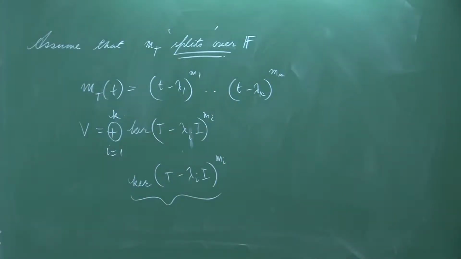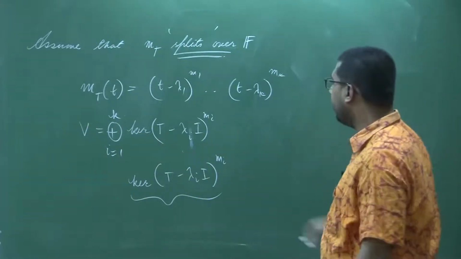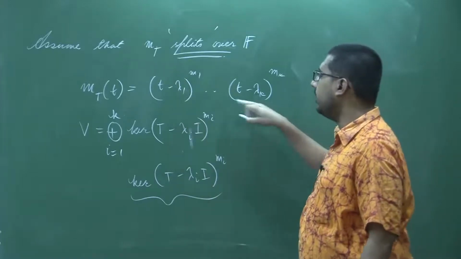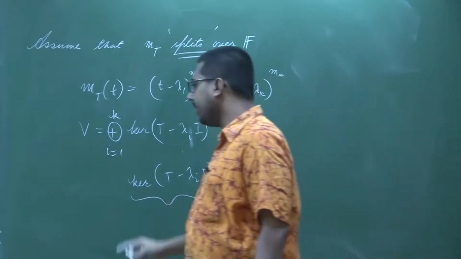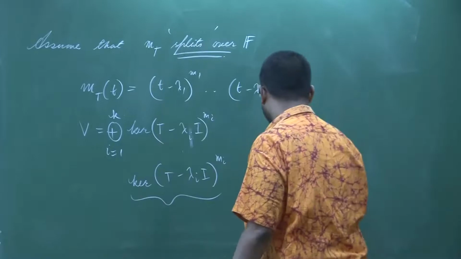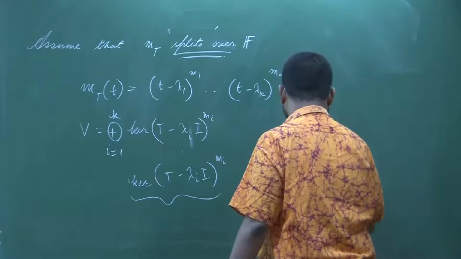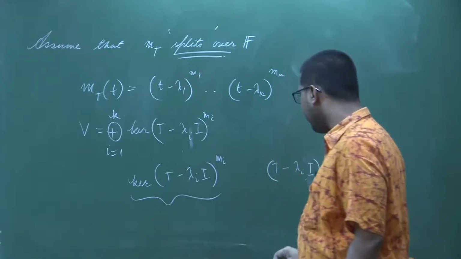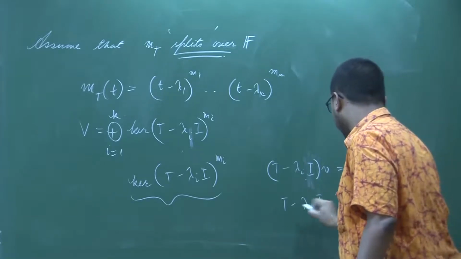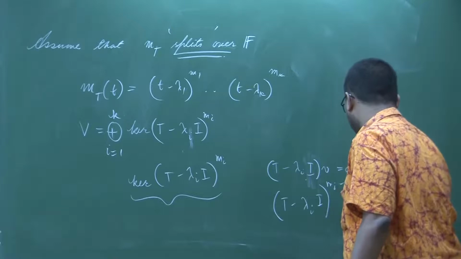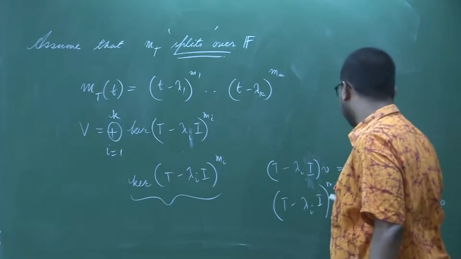But in this situation it will not be trivial, because these lambda_i are roots of the minimal polynomial. So lambda_i has to be an eigenvalue, therefore there is a non-zero vector v such that (T minus lambda_i I)v is 0, and when I apply the operator on this, it will certainly be 0.